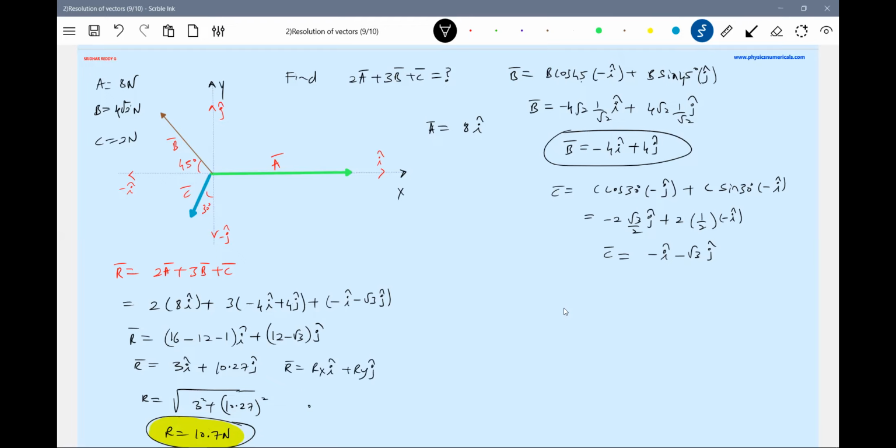In place of Rx, you have 3. In place of Ry, it is 10.27. And the vector diagram will come here: Rx, this Ry, this is the R bar. Let me just shade those things, it'll be easy for you, comparison.